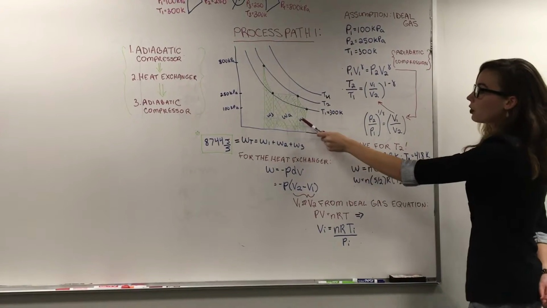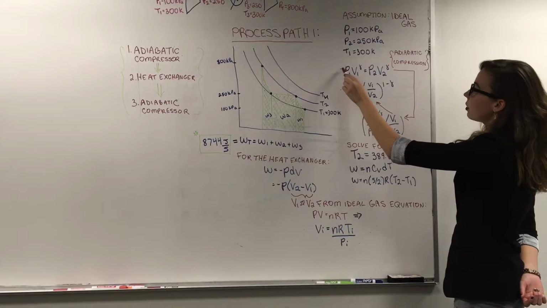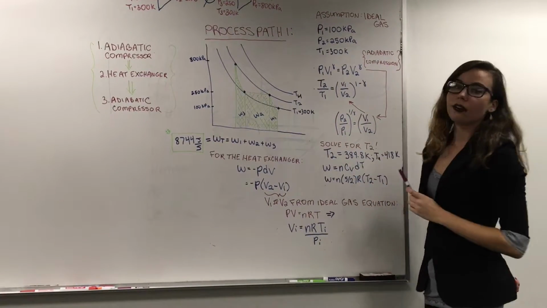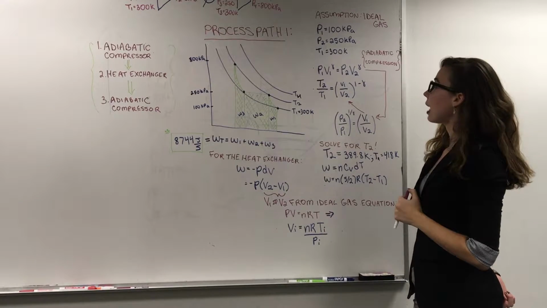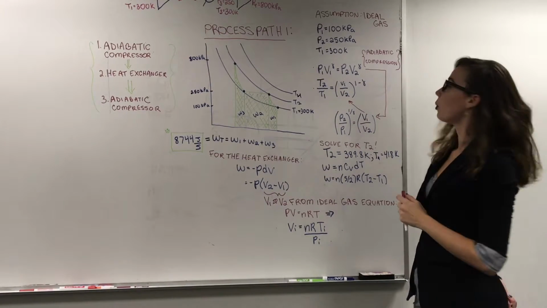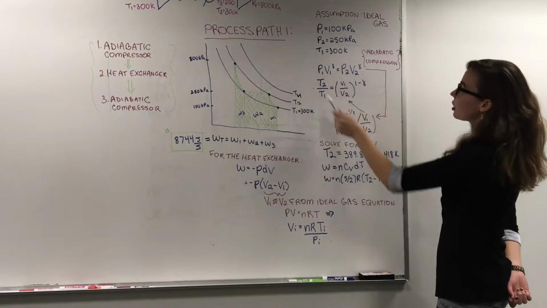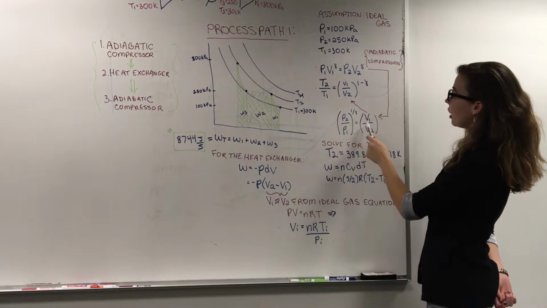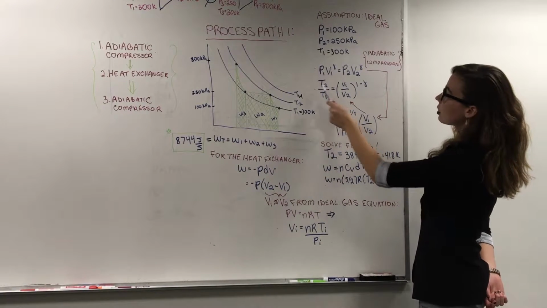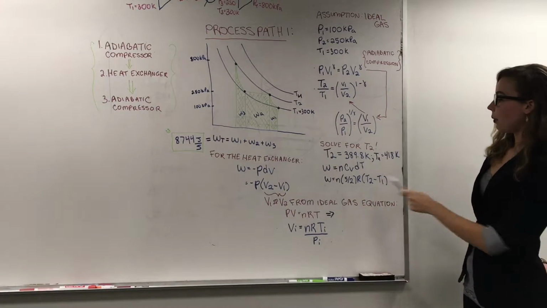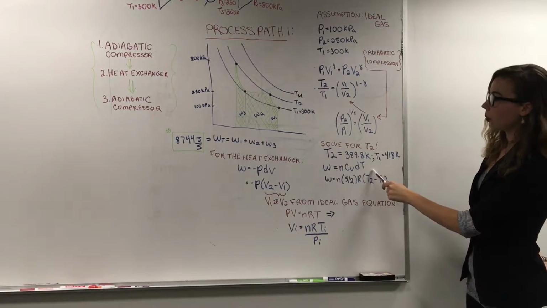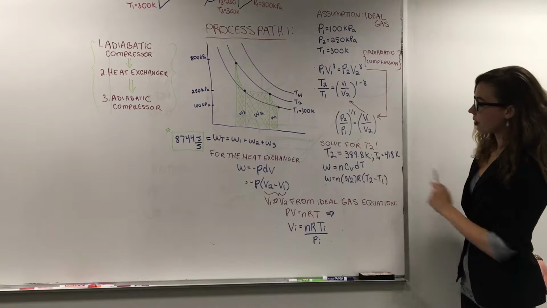To solve for the first work of the compressor, I use these equations which rely on gamma, which is a ratio of heat capacities that for ideal diatomic gases is approximately 1.4. Using these equations, I rearranged to find the relationship for volumes, which I plugged in to solve for T2. I solved for T2 because I wanted to use this ideal work equation for adiabatic compressors.